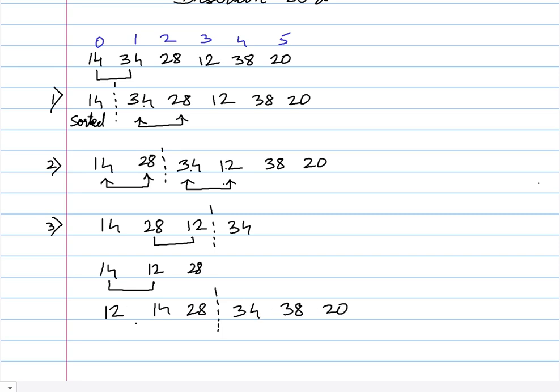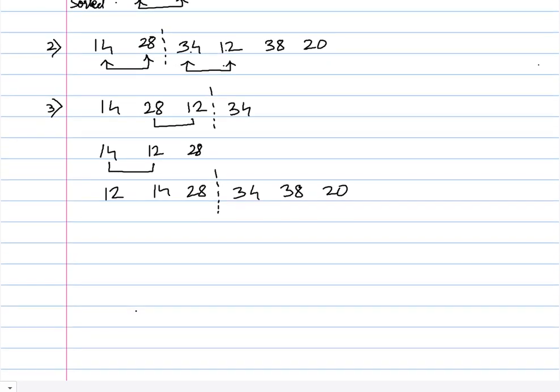So this is the end of the third iteration. Now we go to the fourth iteration, or the fourth phase. In the fourth phase you will compare the elements stored at index 3 and index 4, that is 34 and 38. Is 34 less than 38? Yes. So we'll add 34 to the sorted list. So you'll have 12, 14, 28 and 34.